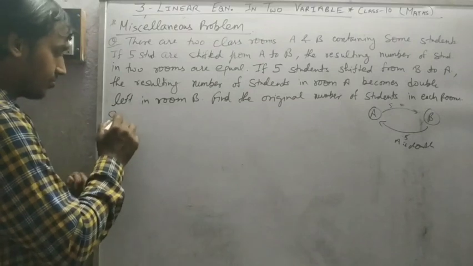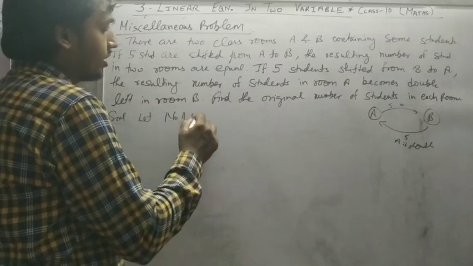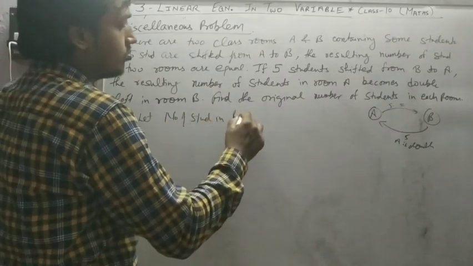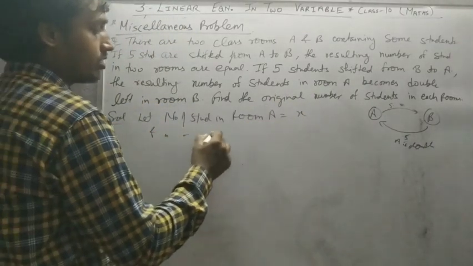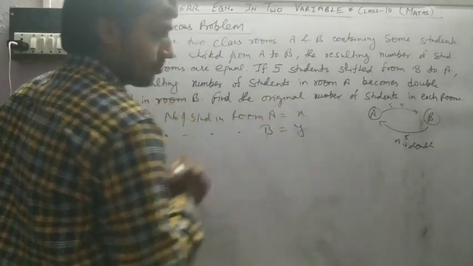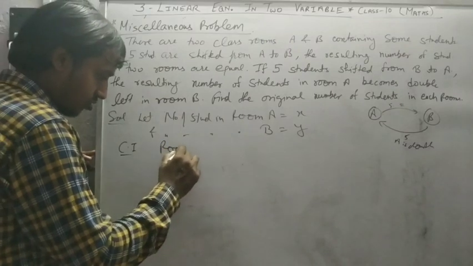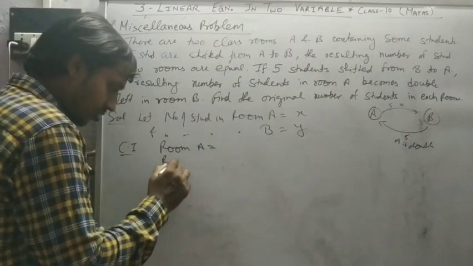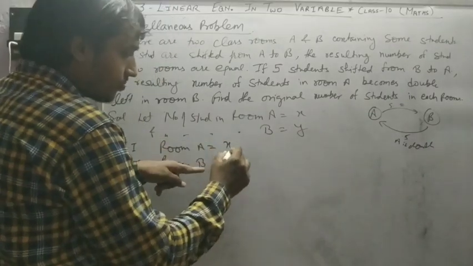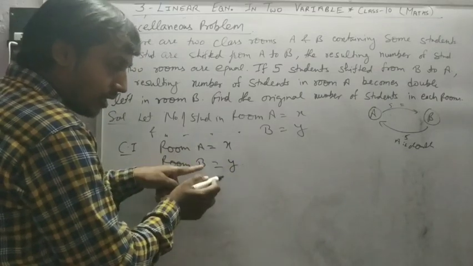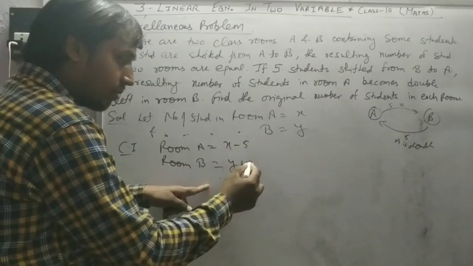Let's see. Let the number of students in room A be X and the number of students in room B be Y. Case first: room A, room B. 5 students sent from A to B means A has 5 fewer, B has 5 more.